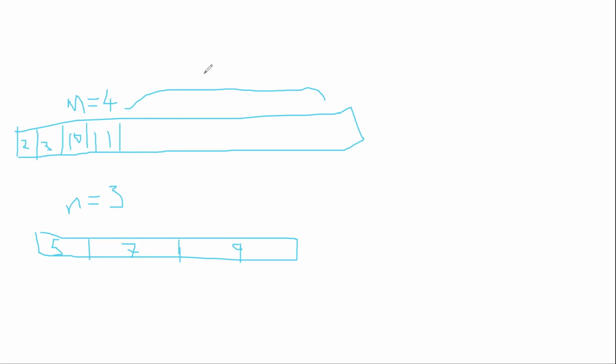So this extra space will be of size 3. That's what is given in the question. The entire array is of size m plus n. Size of initialized is m, so size of uninitialized will be n, and n is 3 in this case. So you're saying we push 5, 7, and 9 over here. Okay. What do we do after that?